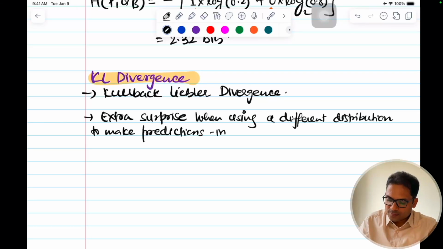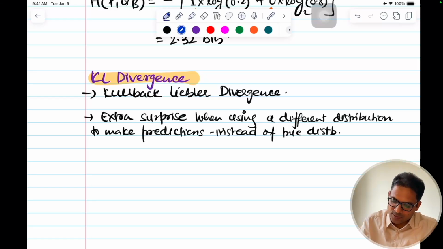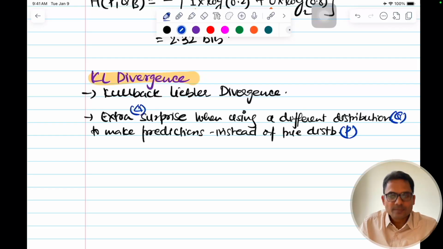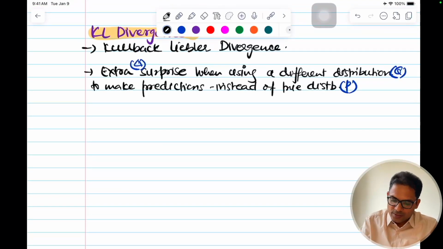Instead of using the true distribution, I am using a different distribution. Say this is my Q and the original distribution was P. So what is the extra surprise? What is the delta between the entropy and the cross entropy? So this is your KL.